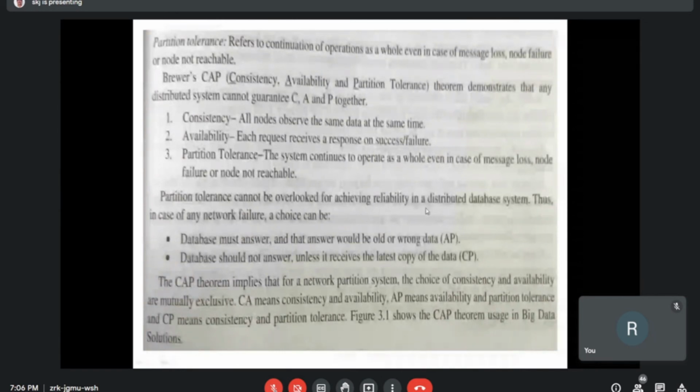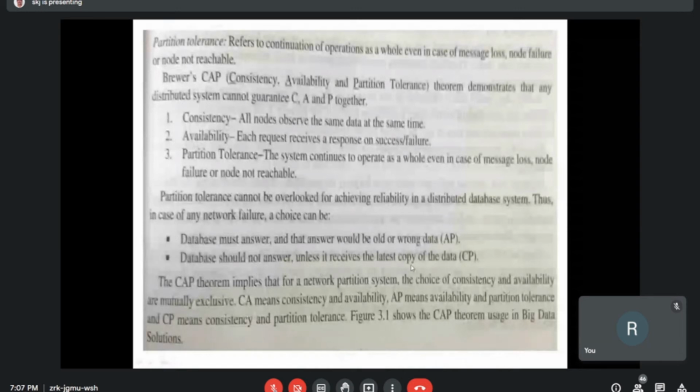Thus, in case of any network failure, a choice can be that the database must answer, and the answer would be old or wrong. Or the database should not answer unless it receives the latest copy of the database.